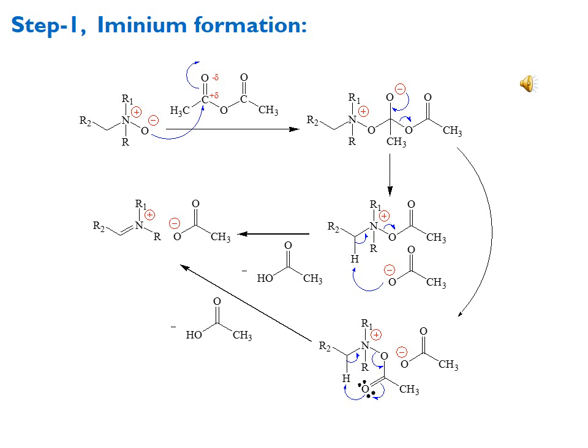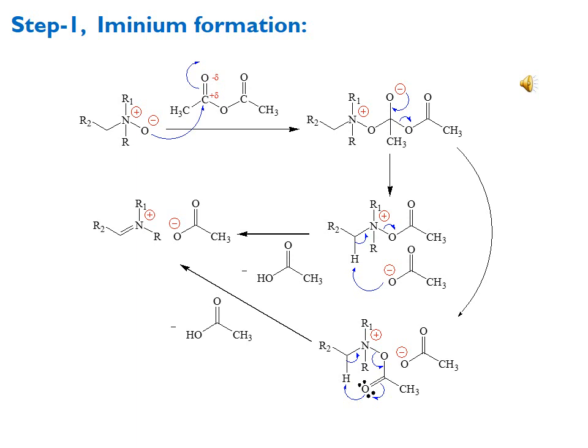When this negative charge moves back towards the carbon, we get the breakage of the carbon-oxygen bond, this oxygen being from the acetyloxy group, and we get the formation of acetate ion along with the positively charged N-acetyloxy derivative. N-acetyloxy because the acetyl group is directly attached to the nitrogen.